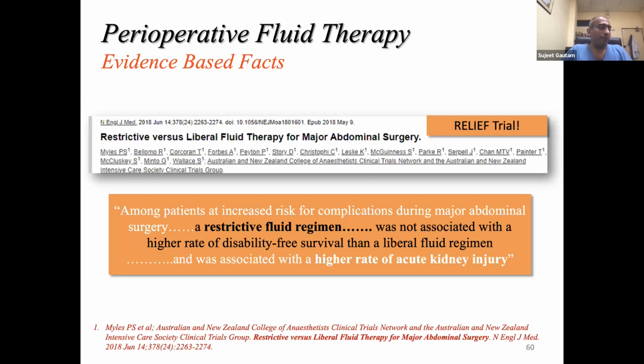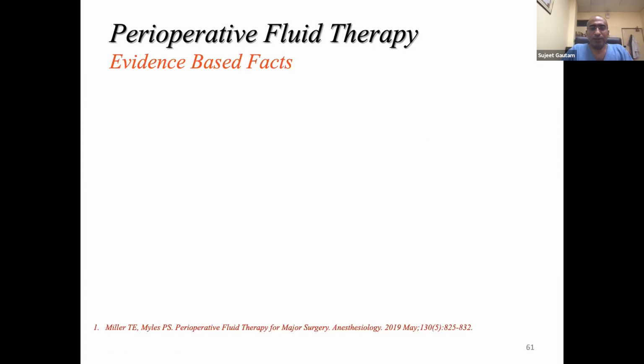Often I find it amusing, but the conclusion lines are written in such a complicated manner that one has to go through them repeatedly. So that's why I put interruptions in between this continuous line, because what it suggests simply is that there are no obvious benefits of restrictive fluid regimen over liberal. However, it is associated with a higher rate of acute kidney injury. So what does it suggest?